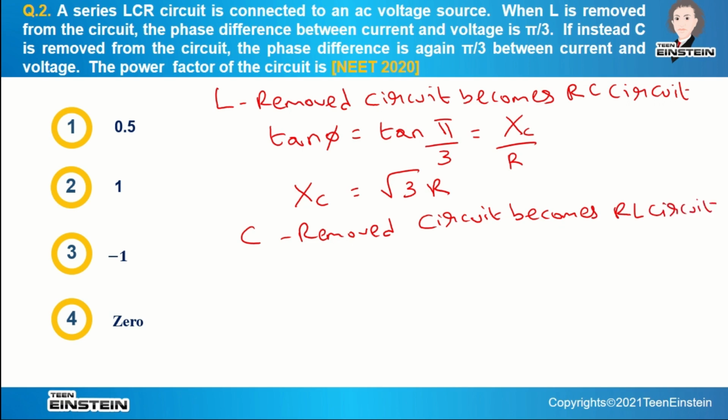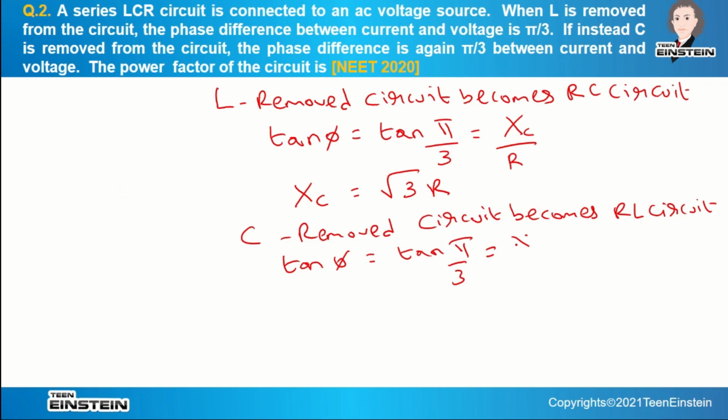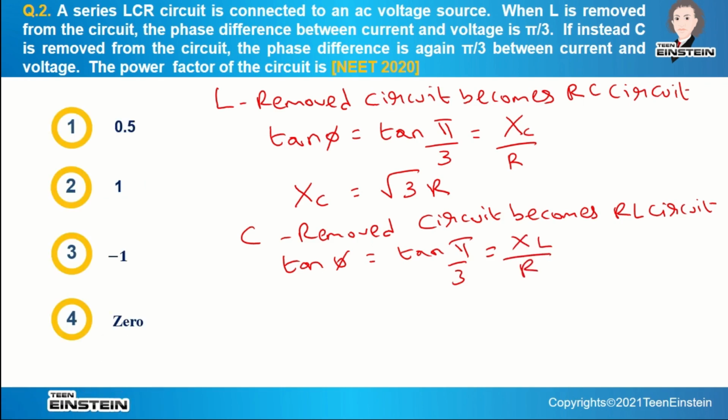Okay, so now the same condition, tan phi is equal to tan pi by 3, which is equivalent to XL by R. So your XL will become again root 3 R.